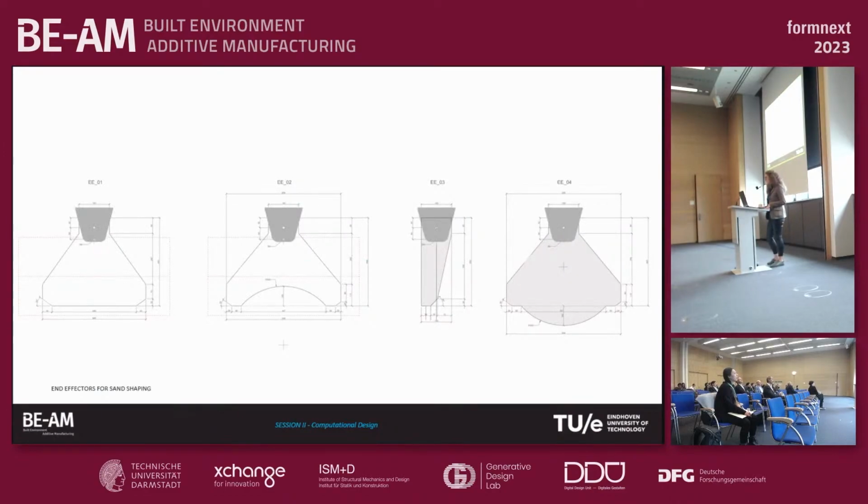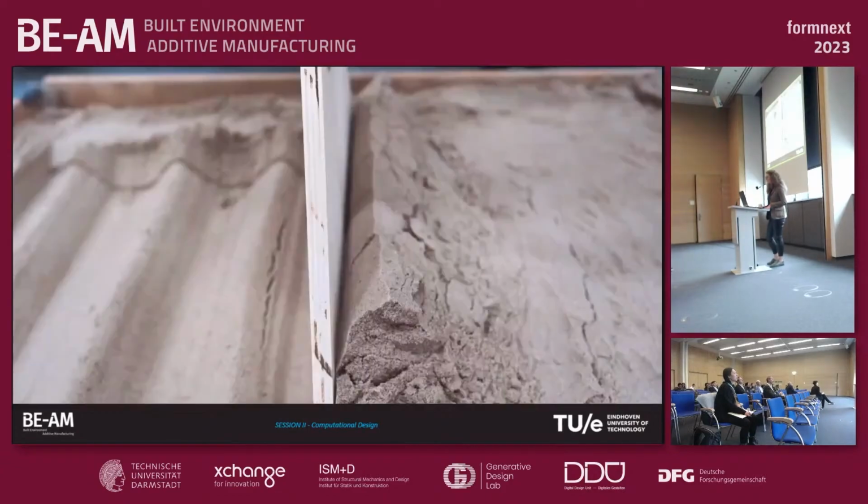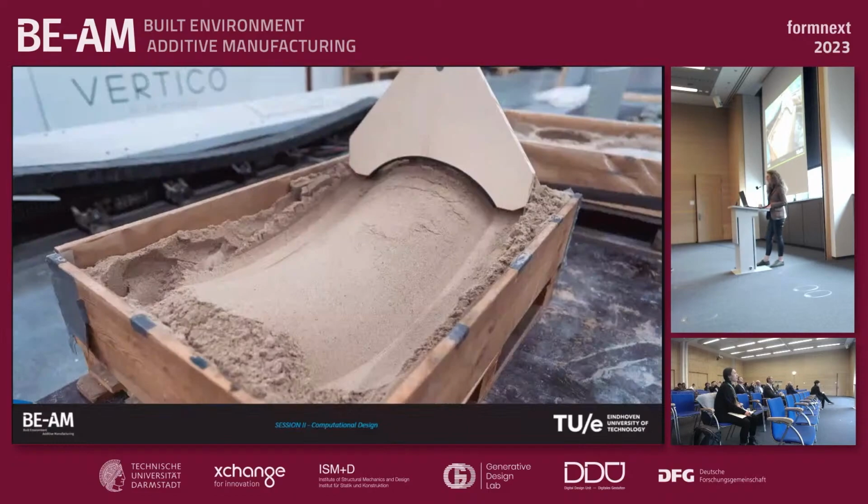And at the very early start, we focused on the robotic sand shaping itself, testing and developing a series of end effectors for the shaping of the sand and trying to understand its behavior. We were working at room temperature and room humidity, and what we very quickly realized is that we could really be in control of the sand shaping also without adding any further additives to the sand or adding any further water.